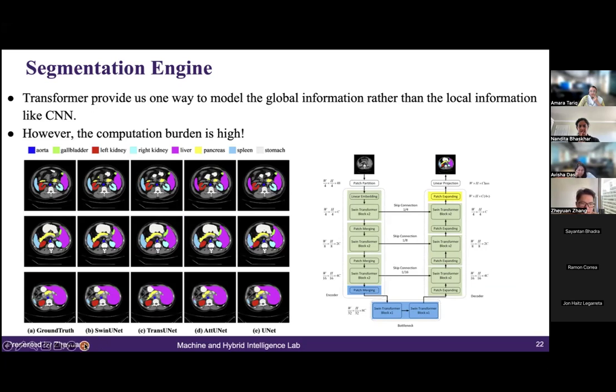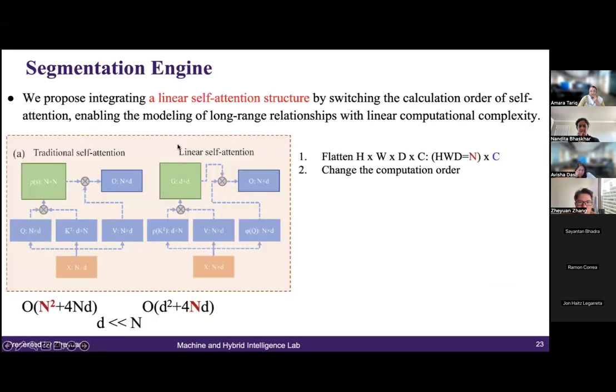To minimize this burden, we introduce a linear self-attention structure. This is a relatively widely studied approach that minimizes the computation burden by switching the order of the self-attention computation, using different activation functions. In traditional self-attention, we calculate the product between Q and K first.